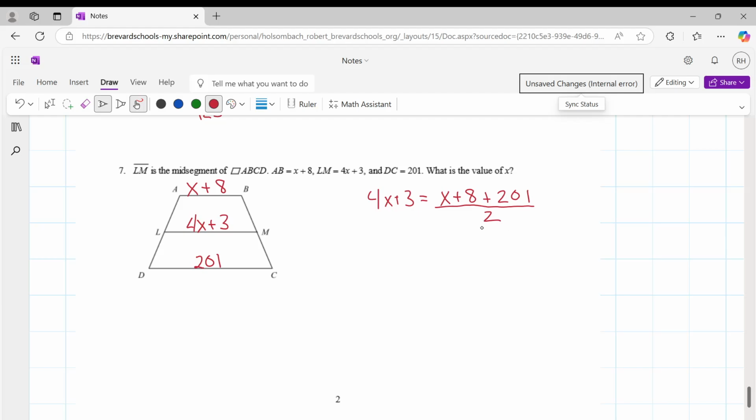So first step here is to multiply both sides by 2 to get this 2 out of the denominator. So on the left side, we get 8x plus 6. On the right side, we get x plus 8 plus 201, which is 209.